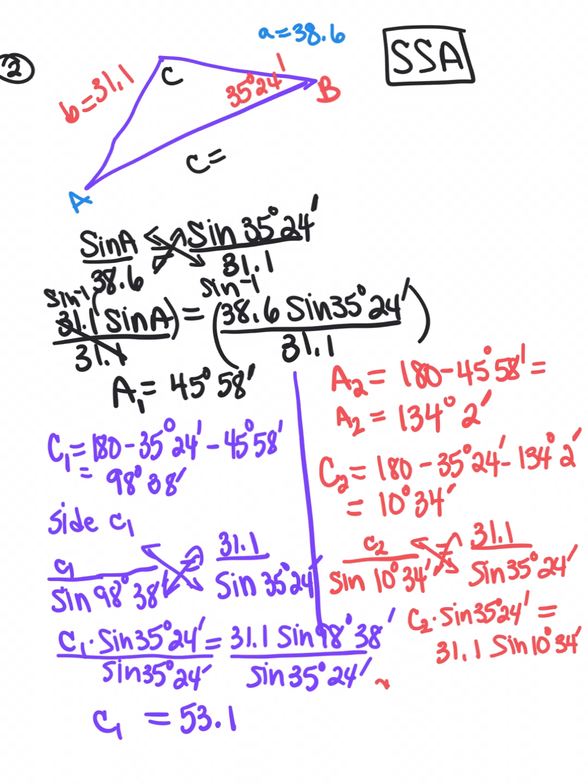So we have C2 is equal to 31.1 sine of 10 degrees 34 minutes over sine of 35 degrees 24 minutes, and we're going to round to the nearest tenth, so C2 is equal to 9.8.